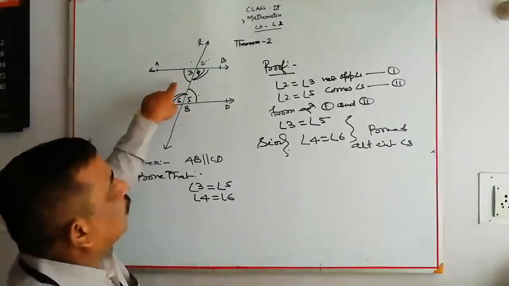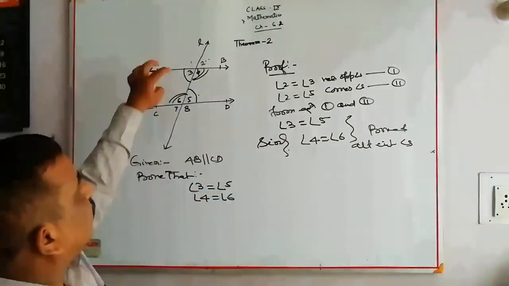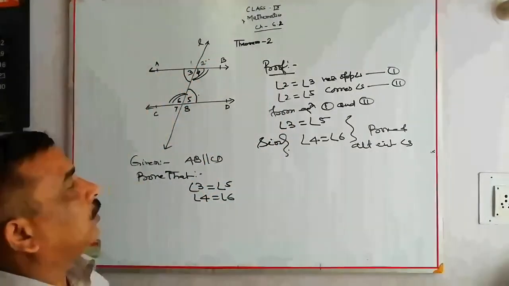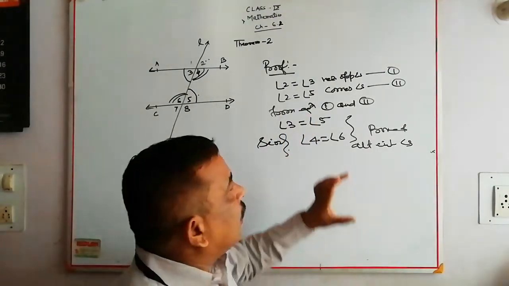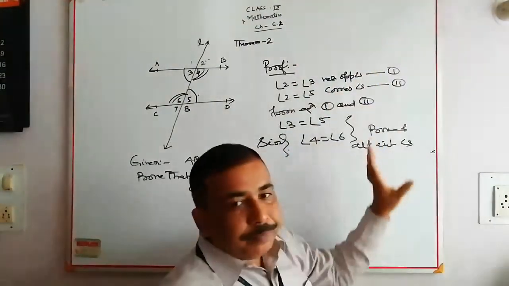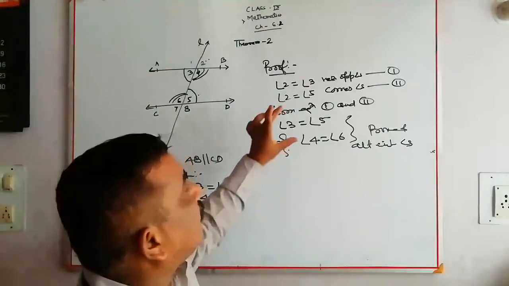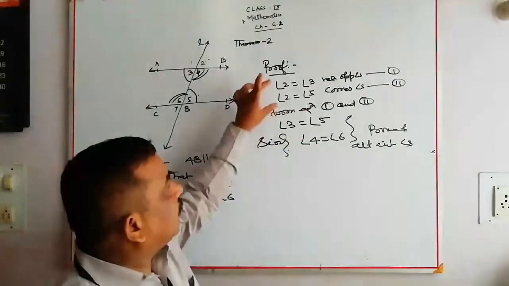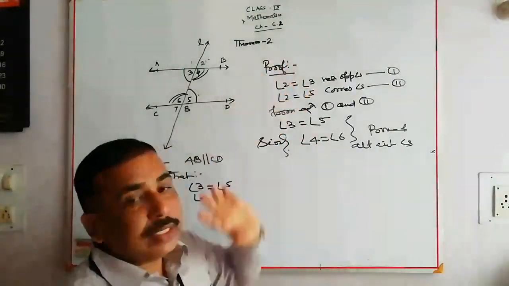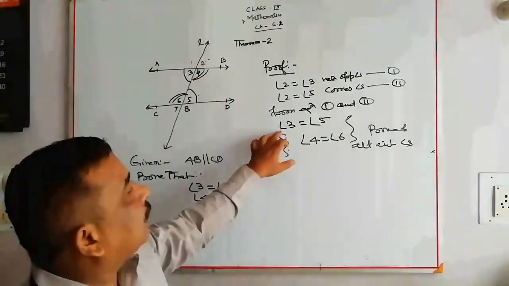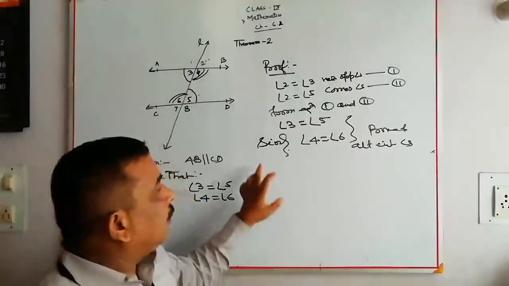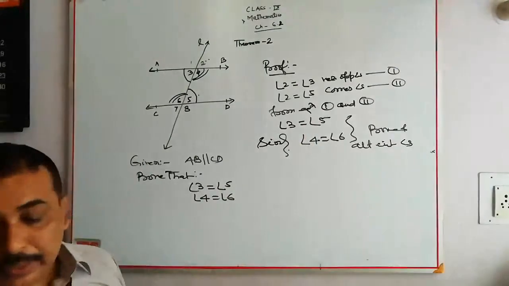Angle 2 is equal to angle 3. Similarly, angle 2 is equal to angle 5. These are the corresponding angles. Following equations 1 and 2, after comparing, LHS are equal, therefore RHS are equal. Then you write angle 3 is equal to angle 5. Similarly, angle 4 is equal to angle 6.